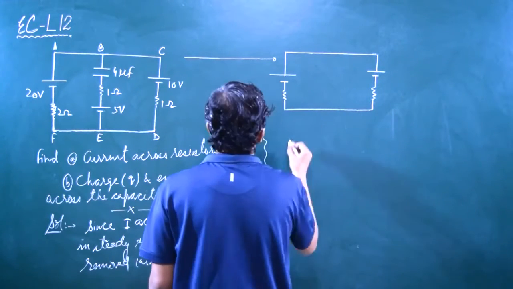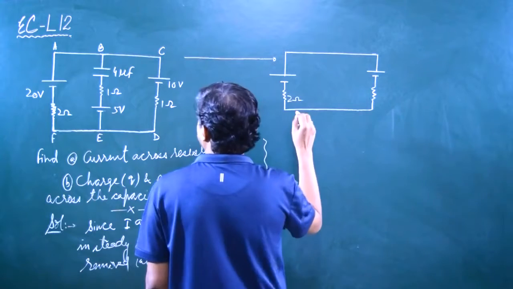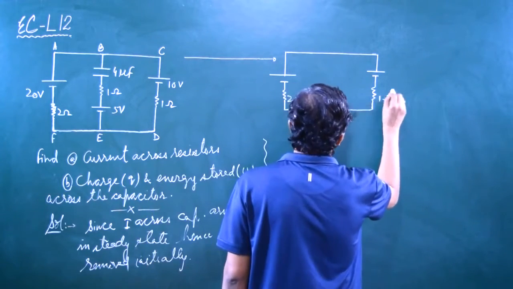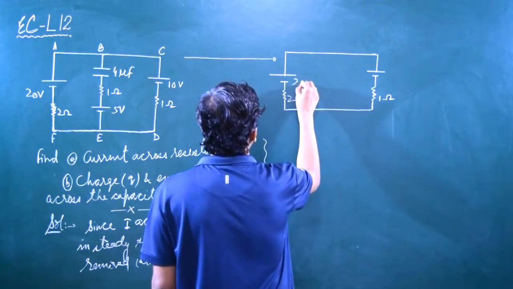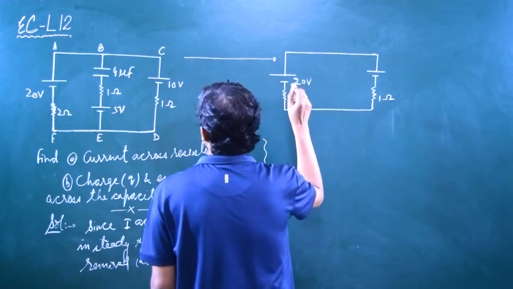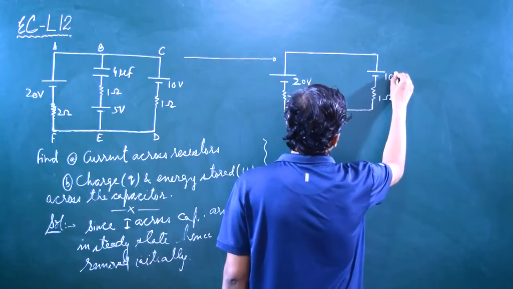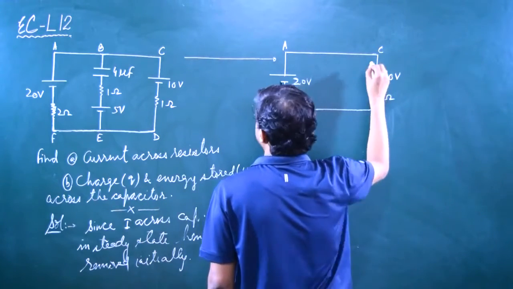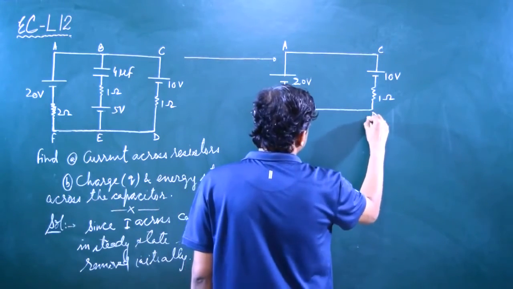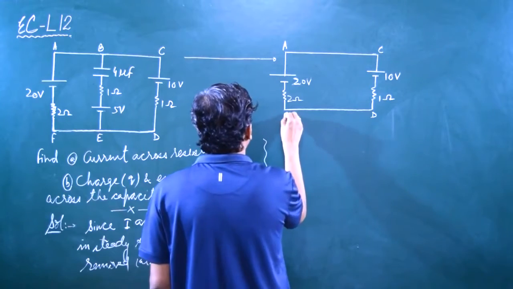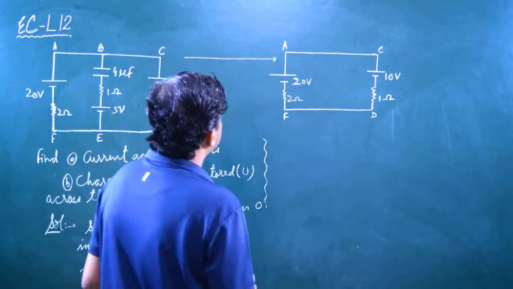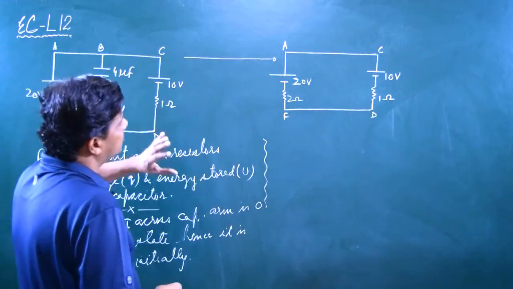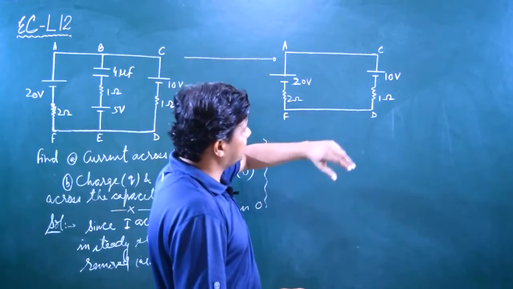Now the circuit is like this. This resistance is 2 ohm, it is 1 ohm, it is 20 volt, and it is 10 volt. The circuit is A, C, D and F.